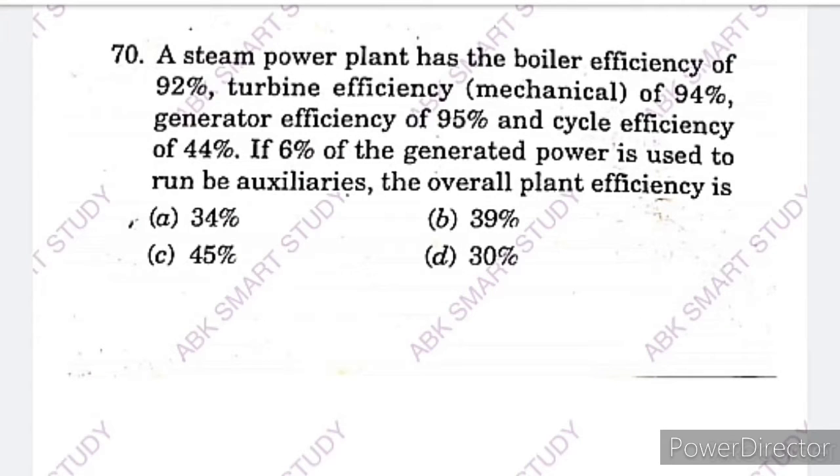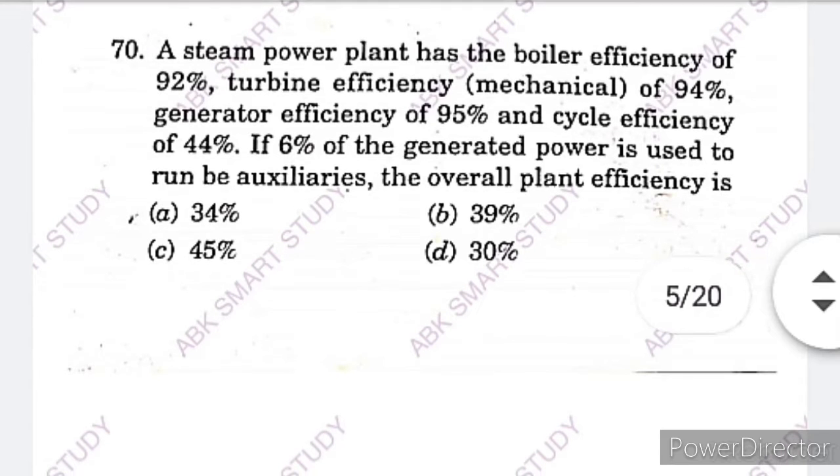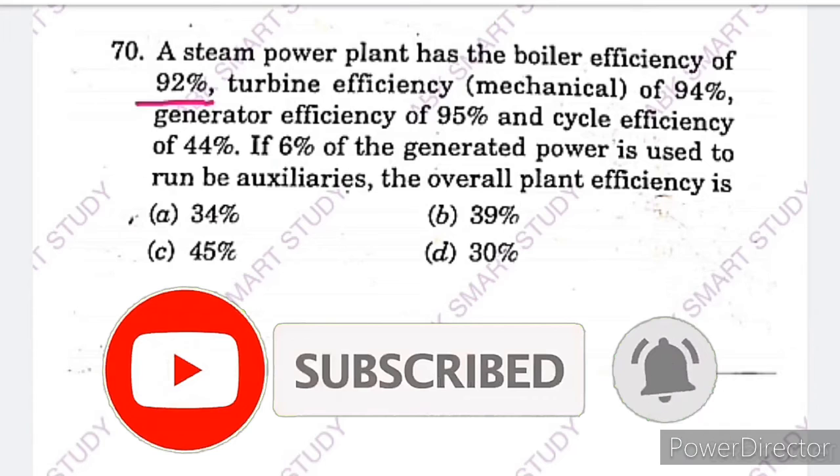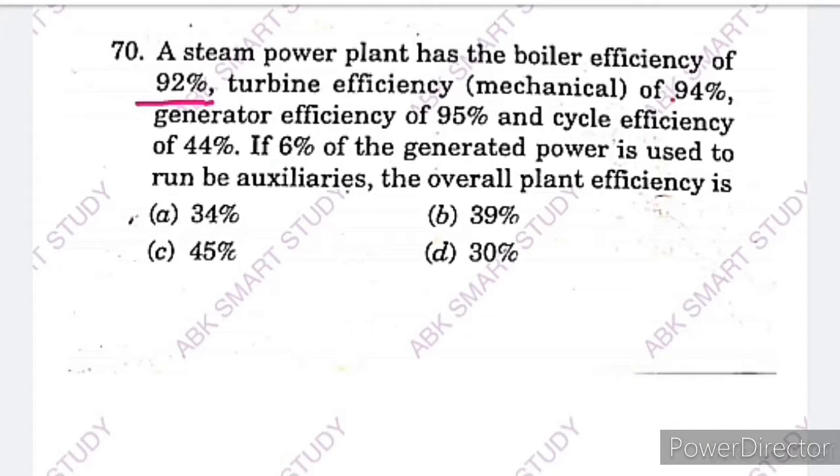A steam power plant has a boiler efficiency of 92%. Turbine efficiency, that is mechanical efficiency, is 94%. Generator efficiency is 95%, and cycle efficiency is 44%. If 6% of the generator power is used to run auxiliaries, then the overall plant efficiency is.